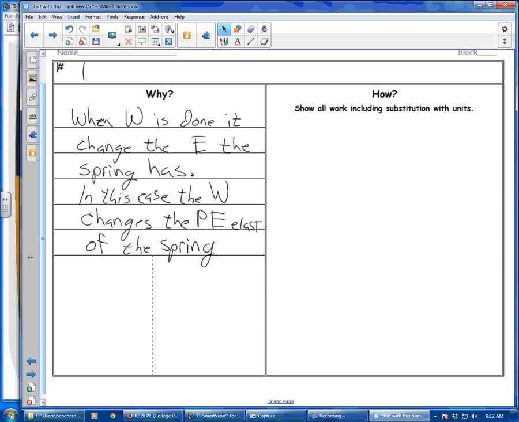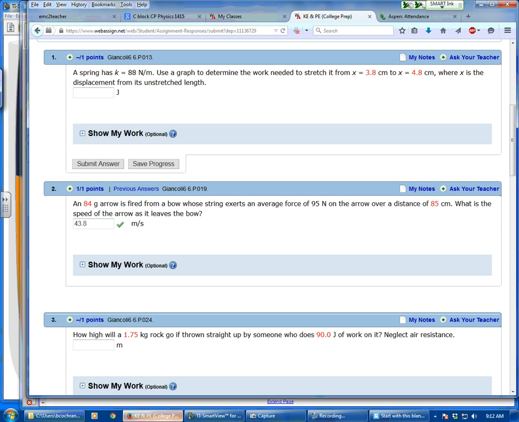So that's what I'm going to have for my Y. And so, if I do work on it, I change the potential energy elastic. So, the exact statement I had in my Y helps me to start off my how. So, let's see. They tell me the k, need the work to stretch it from this to this.